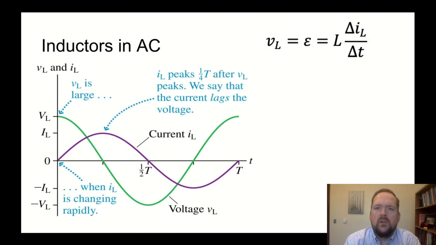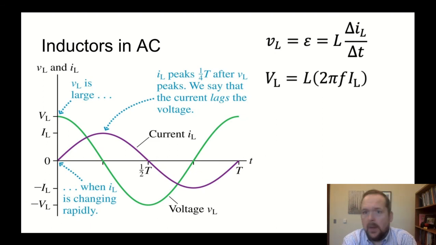So if the voltage is the highest when the change in current is the highest, we can write an expression and say that the maximum voltage occurs at the maximum change in current, which is 2 pi times the frequency times the maximum current.